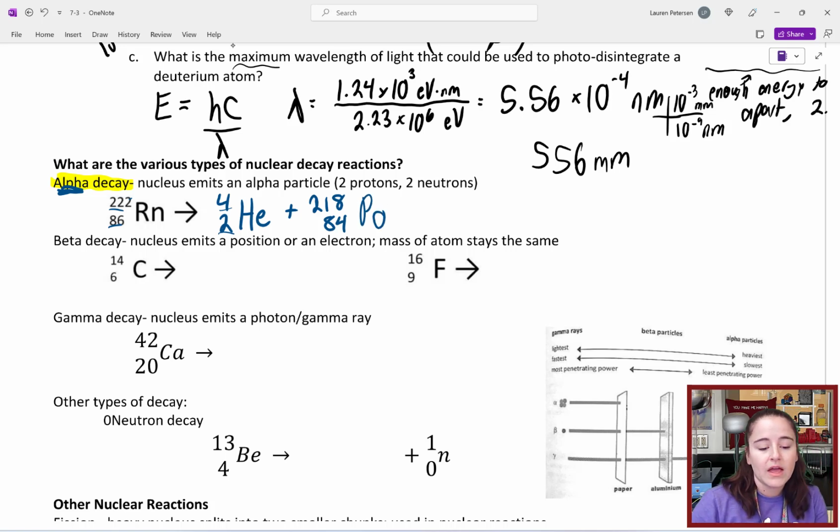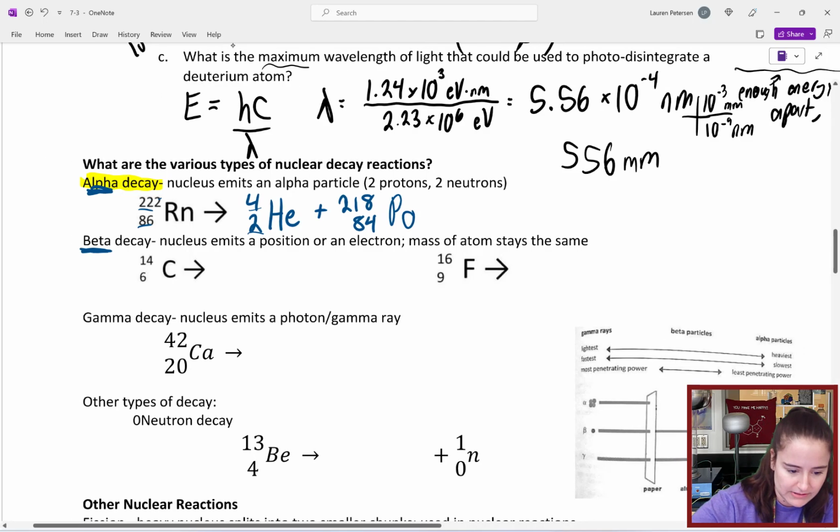Now, for beta decay, it's when the nucleus emits either a positron or an electron. Basically, when a neutron changes to a proton or a proton changes to a neutron. And there are 2 different ways that you might see the positron and the electron represented.